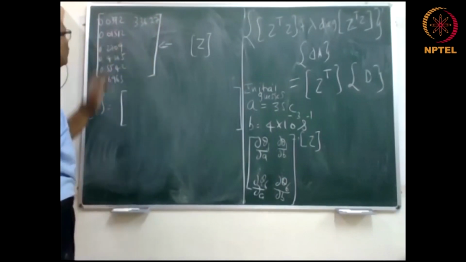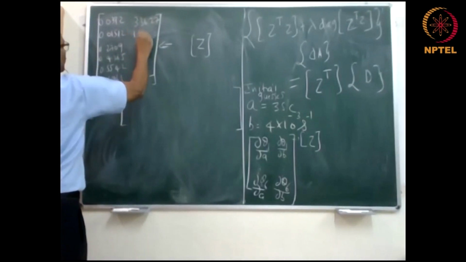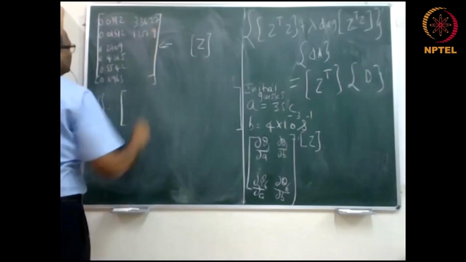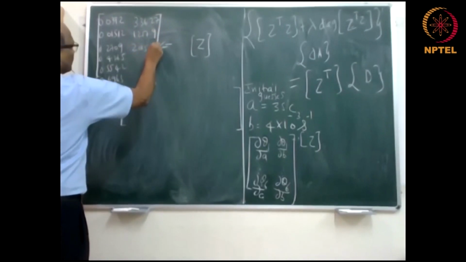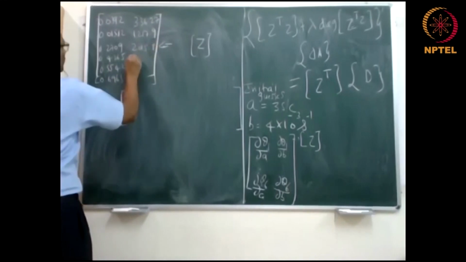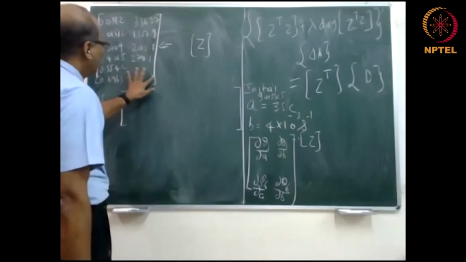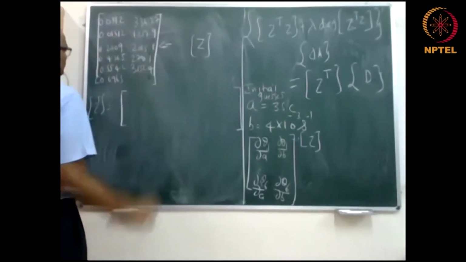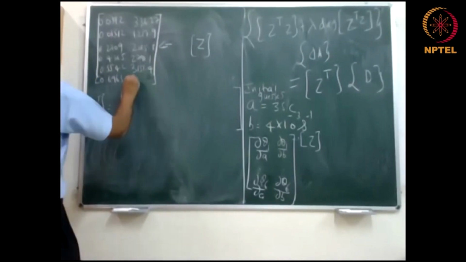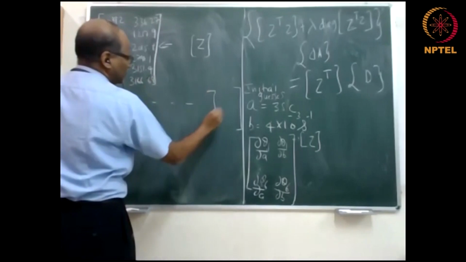Then 1217.944, 2015.849, 2790.07, 3151.443, and last, 3166.688. Okay, this you should complete.